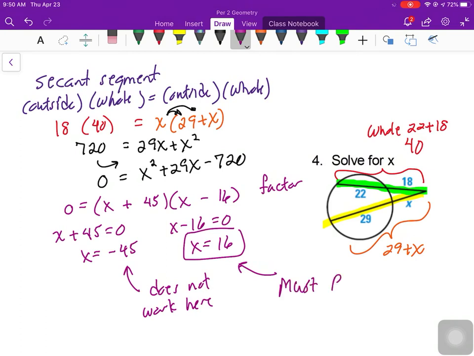And again, you must box your answers. Now that one was pretty hard to factor. So take a look at that one, see if you still have a question on it.